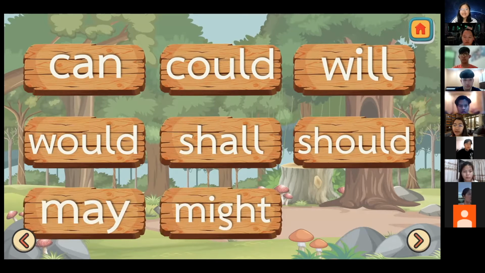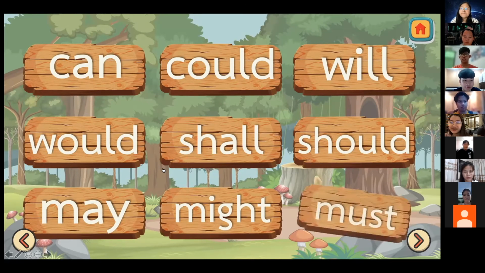Might. And the last one, can anybody guess this word? I will give you a hint. It starts with M. Can anyone answer me? No one. So I will tell you, it's must.